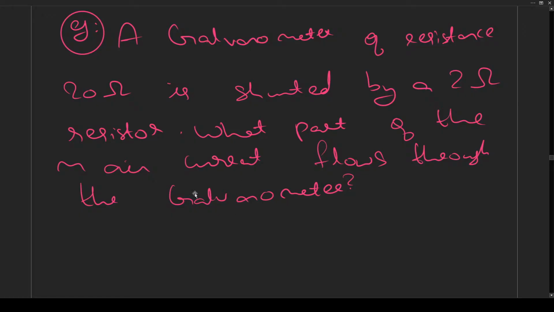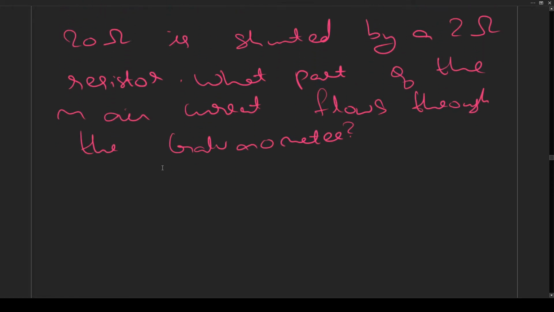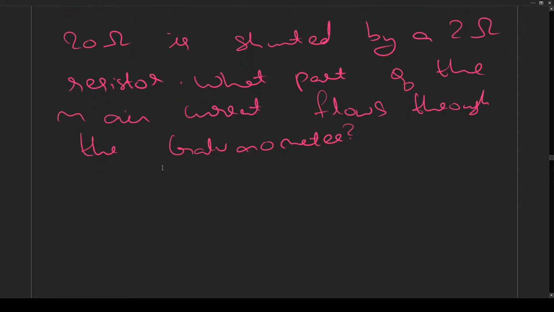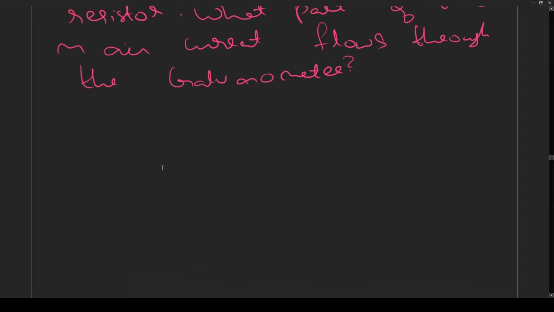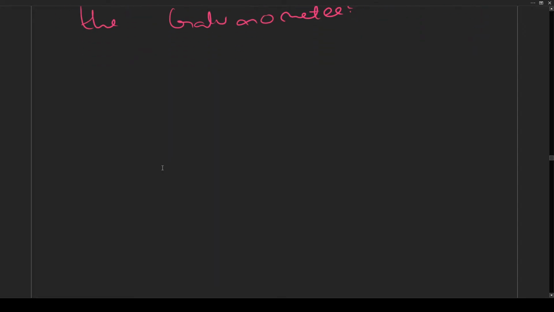We are saying a galvanometer of resistance 20 ohm is shunted, meaning connected in parallel with a 2 ohm resistance. Which part of the main current flows through the galvanometer?